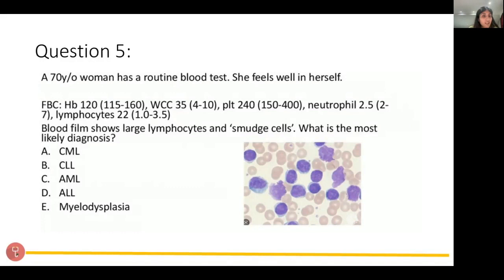Platelets and neutrophils are normal. The other thing is the smudge cells. If you remember, I said smudge cells, or smear cells as they're often called, are basically pathognomonic of chronic lymphocytic leukemia. So that's just something you've got to learn. Well done on that.